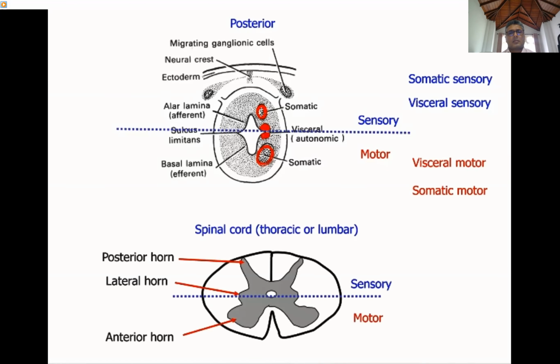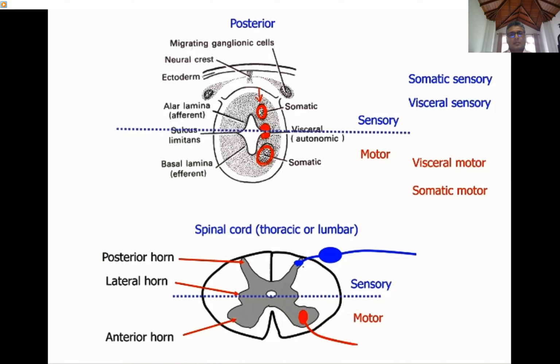Once the spinal cord develops, if you look at the picture of the spinal cord, this is the somatic sensory nerve with the first order neuron cell bodies in the dorsal root ganglion here, and these are the cell bodies of the second order neuron lying here at the posterior end of the posterior half. This is a somatic motor neuron, having its cell bodies in the anterior end, which is the anterior horn of the grey matter.